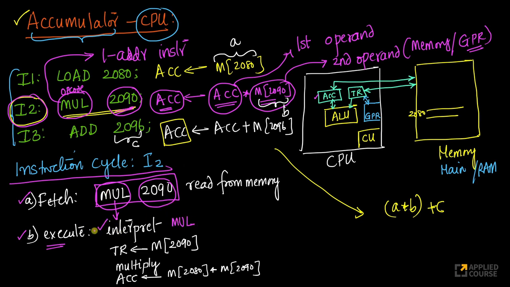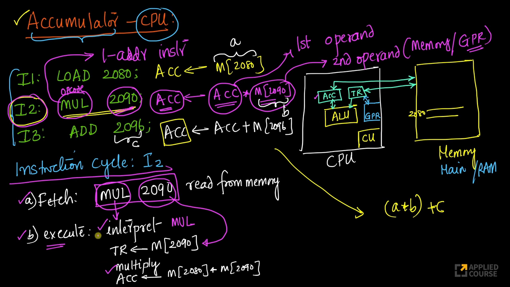First I'll interpret it. Next step, whatever is there in 2090, I'll copy it to a temporary register. Then I'll just multiply within my ALU. When I multiply, one input comes from the accumulator, the second input comes from the temporary register. Whatever is the resultant, I'll store it back into the accumulator.